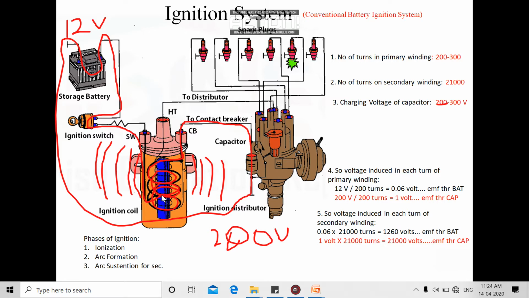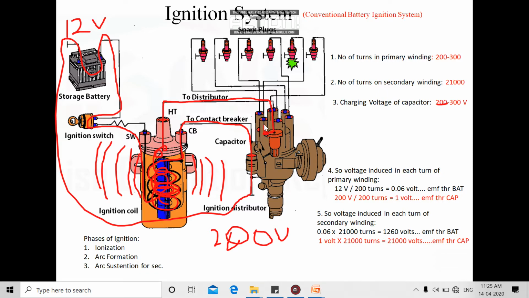Again, whenever a magnetic field cuts the conductor, current starts to flow through that conductor. So current starts to flow through the secondary winding and that current is conveyed to the top of the rotor. As I told you, this contact is open, so the needle of the rotor is in contact with one of the leads, this lead.